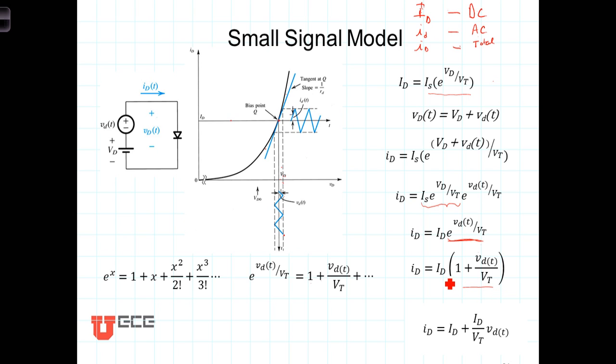Distributing this I sub D, again, that's just the DC current, to both of these terms, we get, and this is the take-home message, that the total current resulting from a DC bias voltage with slight variations can be written as the sum of the DC component plus a scaled version of this varying voltage.